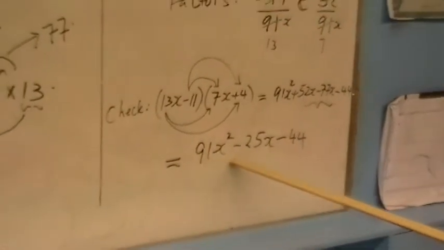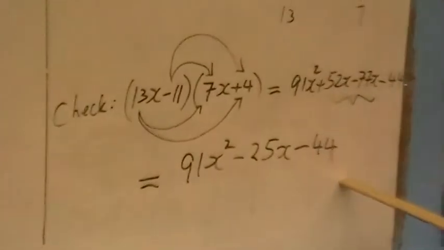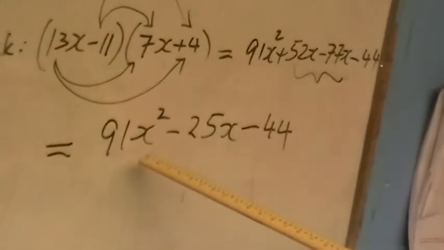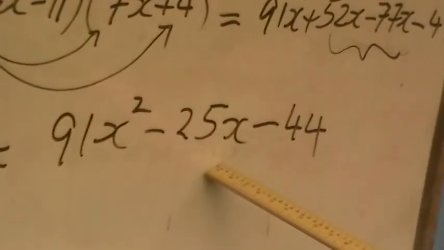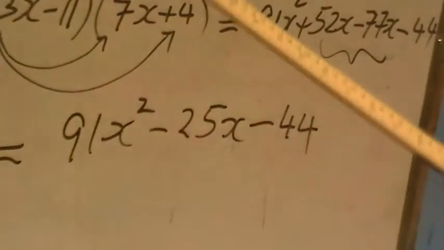Further simplifying and collecting the like terms, you will have 91x squared minus 25x minus 44, the relation you first had.